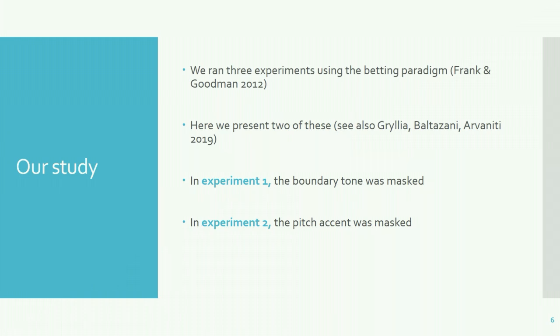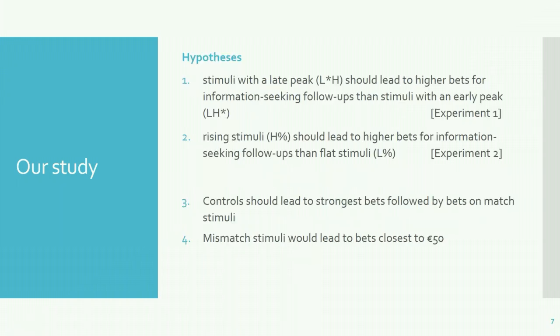Let me now show you our hypothesis. We hypothesized for experiment 1 that stimuli with a late peak should lead to higher bets for information-seeking follow-ups than stimuli with an early peak.